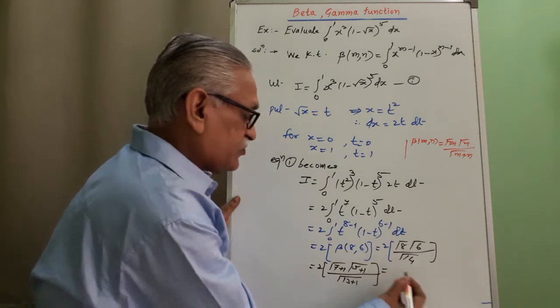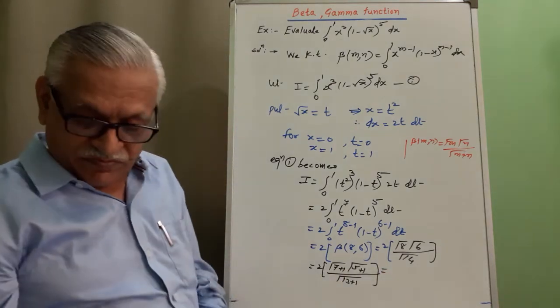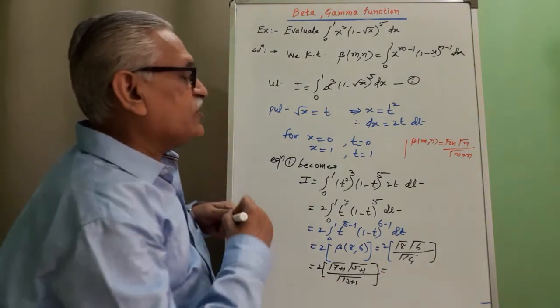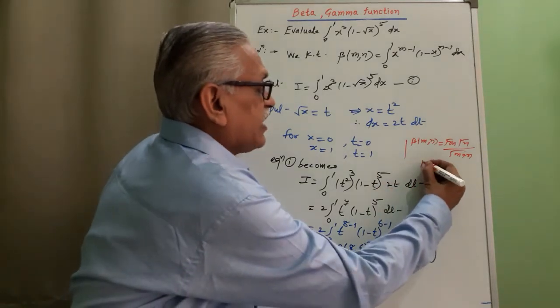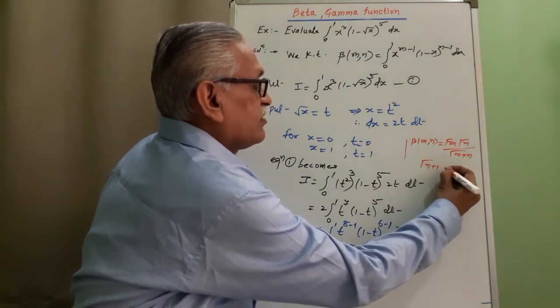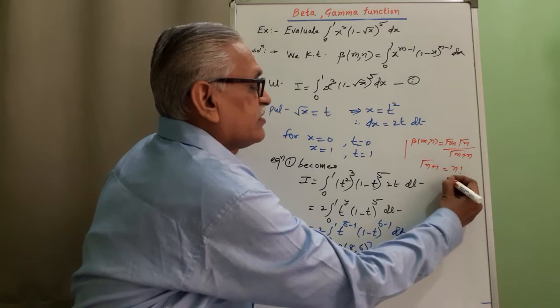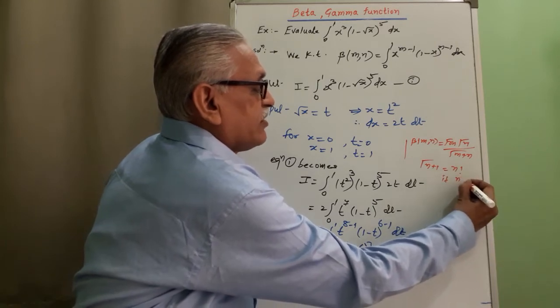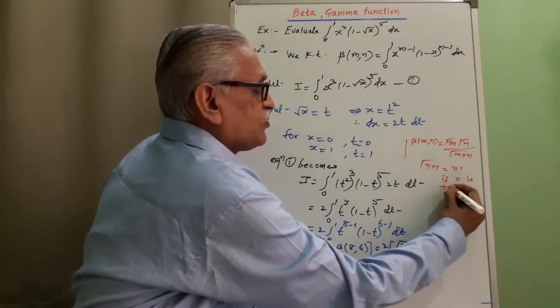We use the property that gamma of n plus 1 is n factorial if n is a positive integer.